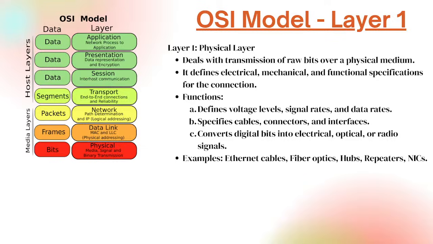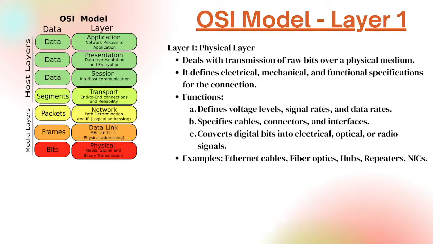Data rate control decides how fast the data should be sent. Physical topology defines how devices are connected, whether in the form of star, bus or mesh topology, etc. And transmission mode determines the direction of data flow in the form of simplex, half duplex or full duplex.